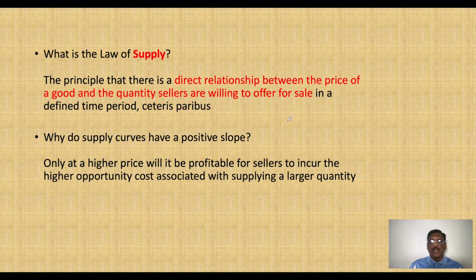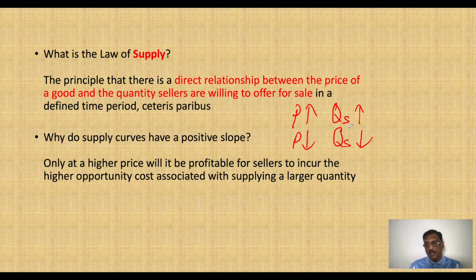Very simply, normally when prices increase, more people want to supply goods. And of course, when you say direct relationship, when the prices come down, there are fewer people supplying these goods. So it comes down. This is what we call a direct relationship.